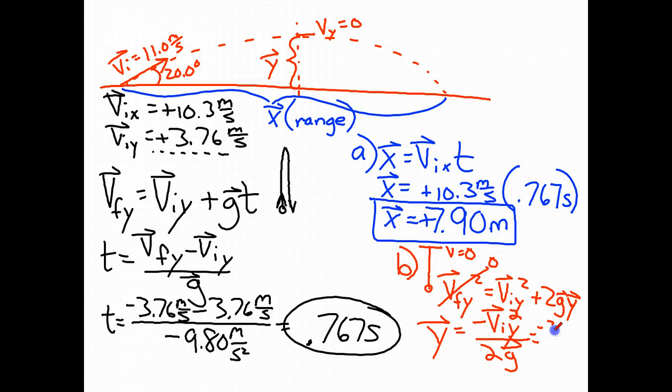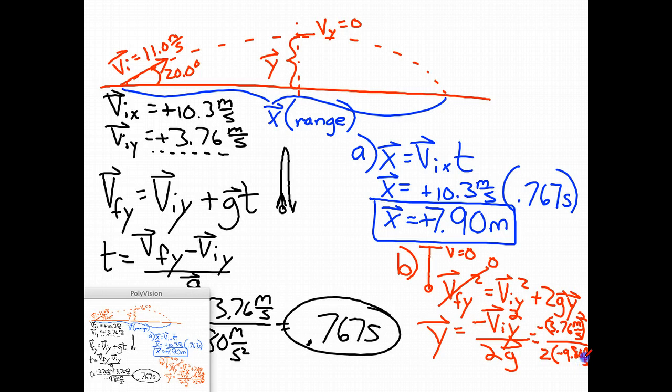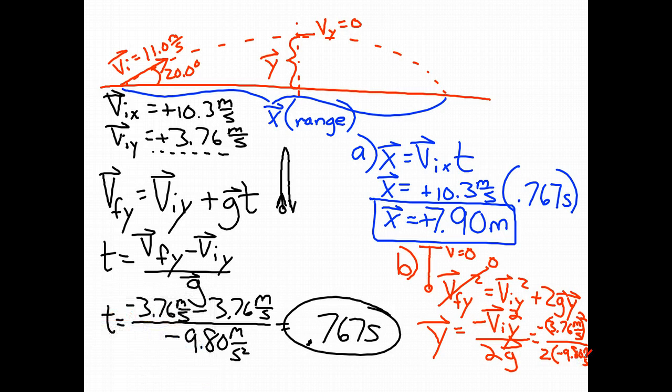It'd be negative 3.76 meters per second, squared, divided by 2 times negative 9.80 meters per second squared. Try to cram that in there. All right, so my final answer, y, will be equal to 0.721 meters. That is also positive. It's positive because the ball stops above where it was thrown.